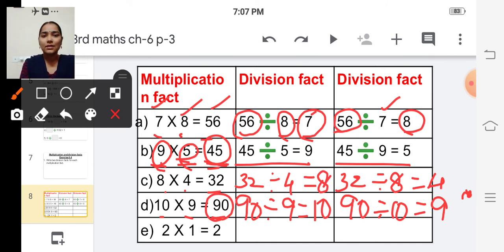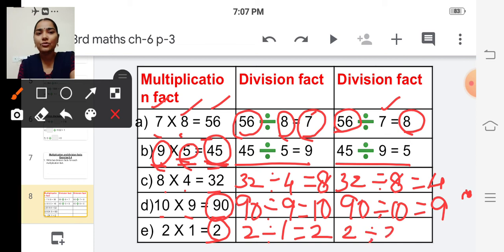Okay. The last one, 2 into 1 which is equal to 2. So for this we are going to write two division facts. Okay. So this 2 is the dividend. So 2 divided by 1 which is equal to 2. The next one is 2 divided by 2 which is equal to 1.